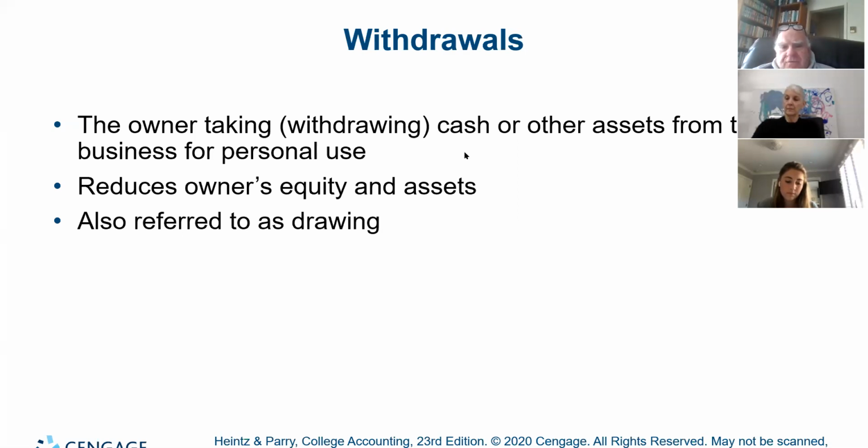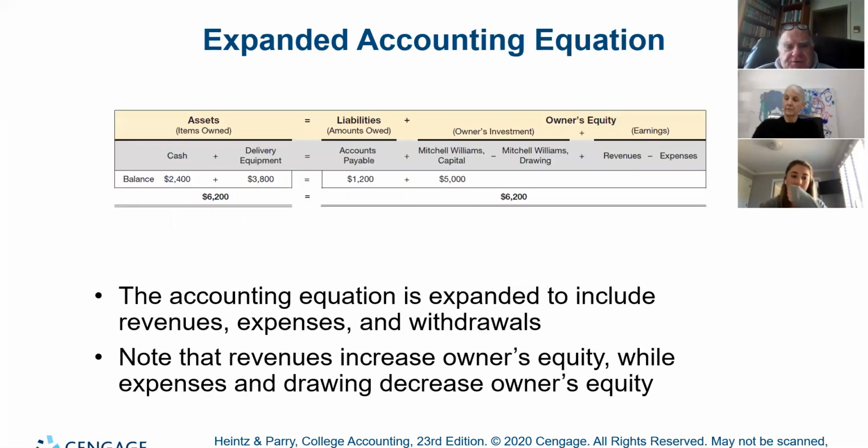You told me you're taking your family out for dinner. That's a personal expense. That personal expense immediately reduces the company's equity and assets. And we're going to call this drawing. It's called owner's drawing, owner's withdrawal.